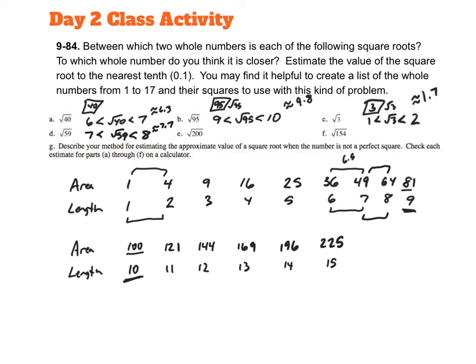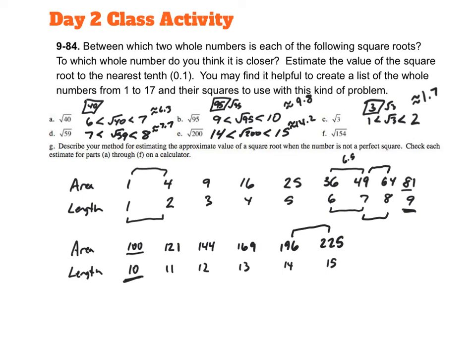Square root of 200. Area of 200 would be between 196 and 225. 200 is a lot closer to 196 than it is 225. So that's going to be between 14 and 15, closer to 14, and I'm even going to say 14.2 is my estimate.